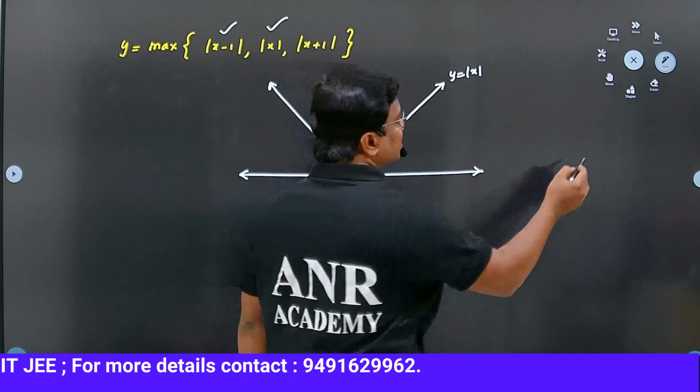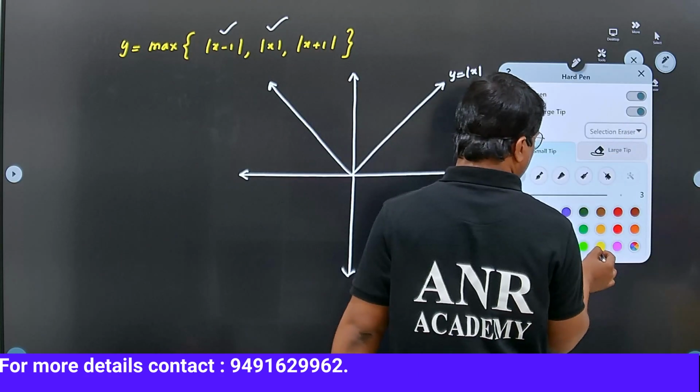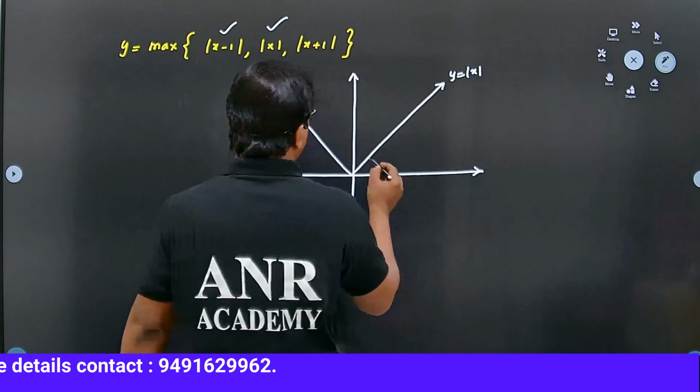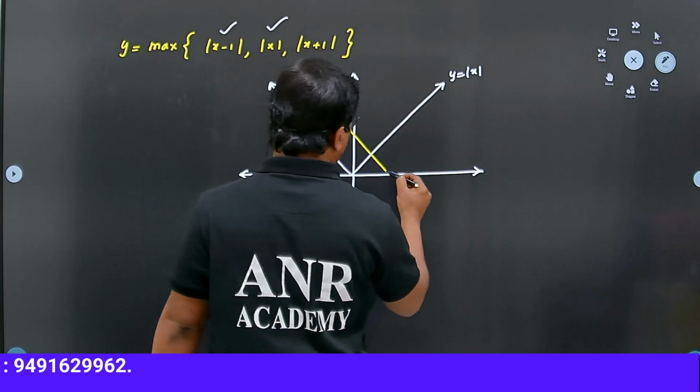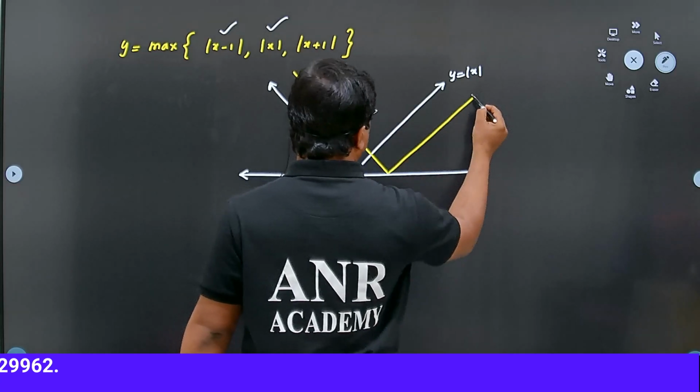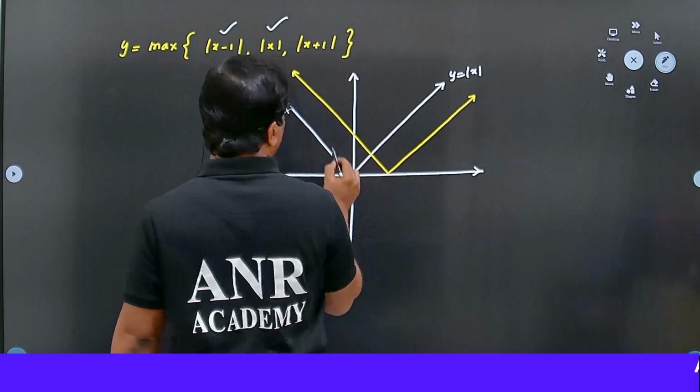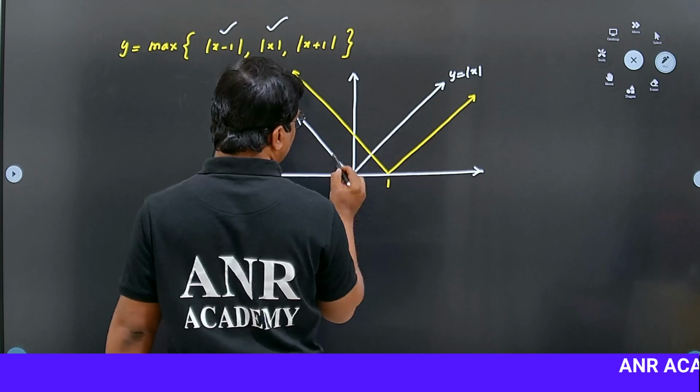Mod x minus 1 has its sharp edge at 1, the same V shape graph. Mod x has its sharp edge at 0.